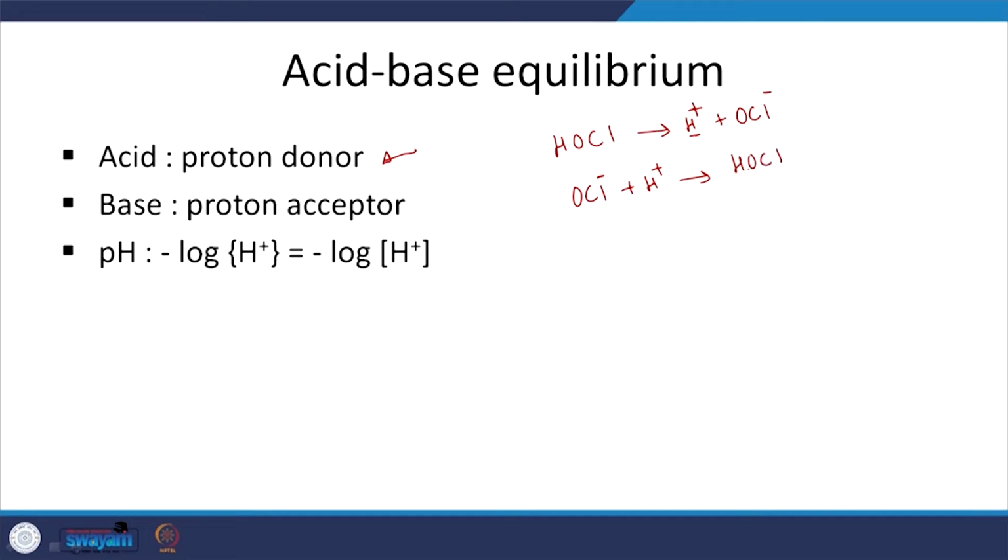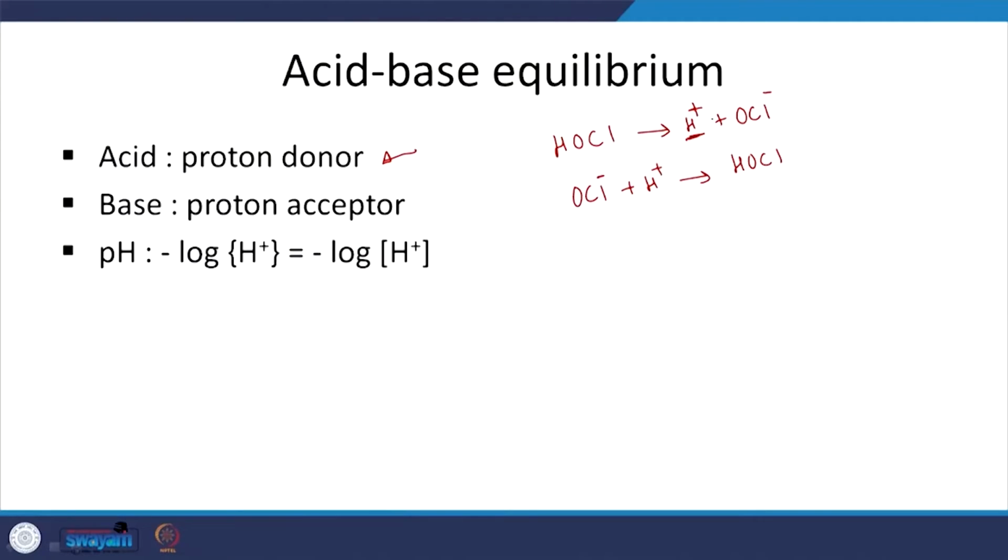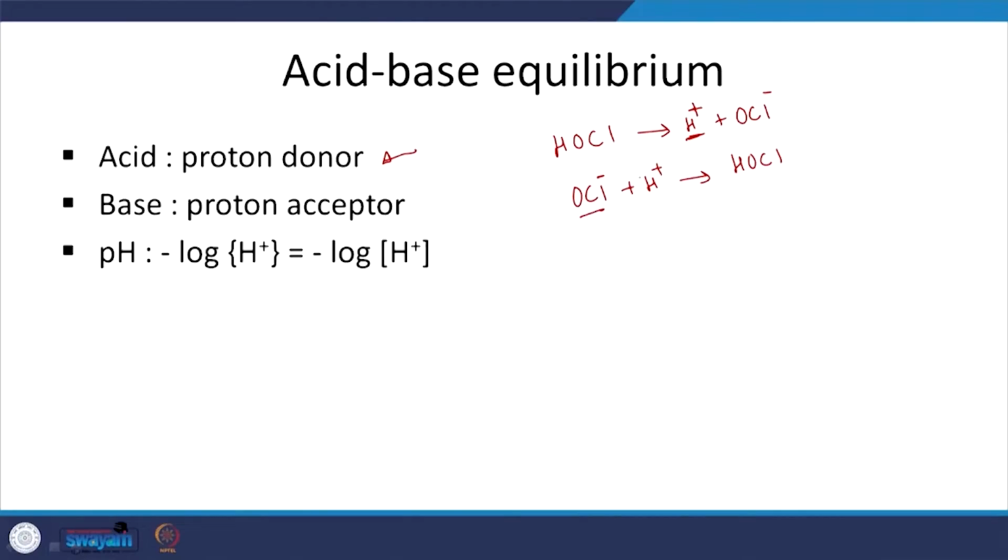So that's something to keep in mind. An acid can donate H plus, and thus by releasing H plus you are going to bring down the pH of the solution. So add an acid, if it can dissociate and release the H plus, it will bring down the pH. OCl minus, on the other hand, by taking up the H plus, or removing H plus from my solution, will increase the pH.